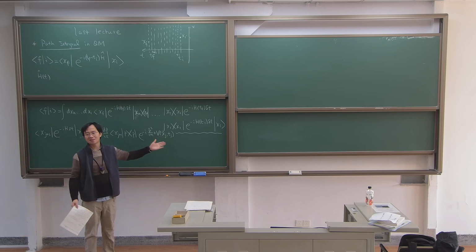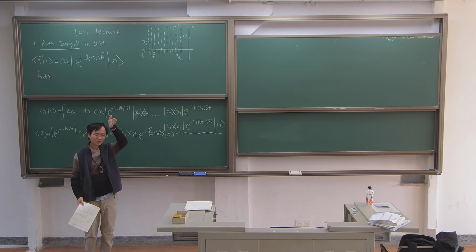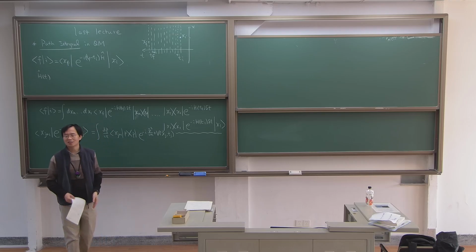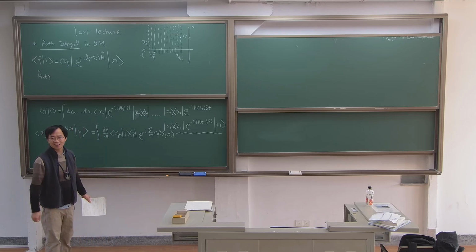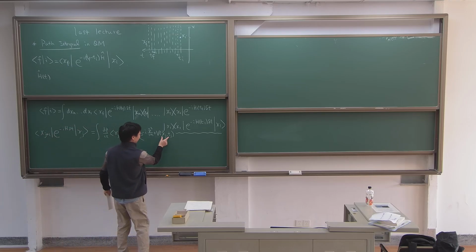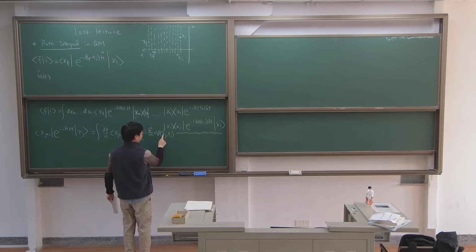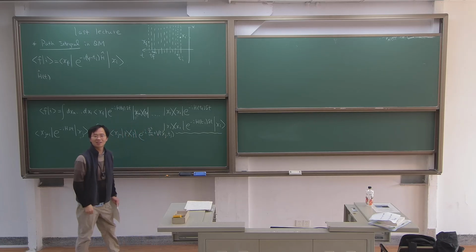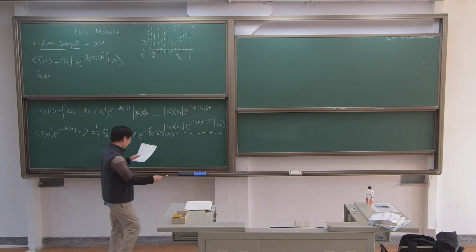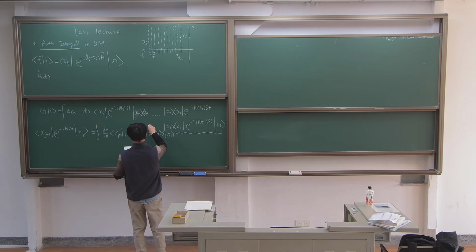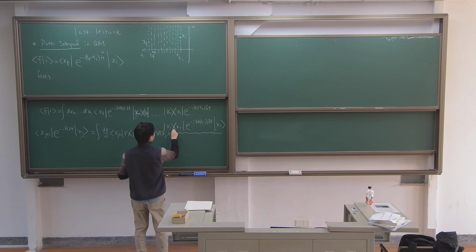In this case it's okay, because I just focus on the j's block. In the j's block, I pick up the potential V, so V should be V of x hat, tj. So this is my potential, and I have to compute this.